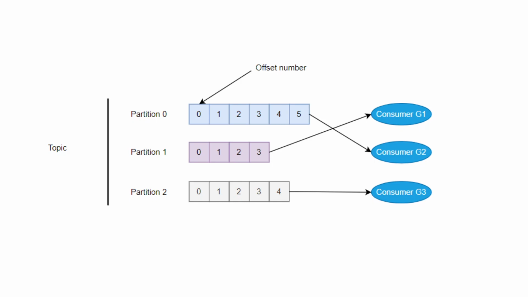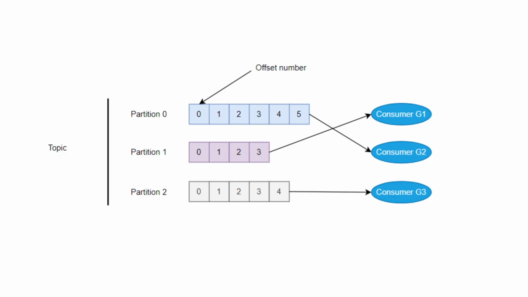Each partition will have messages coming in from the producer who is going to publish into the topic. And every message in a partition will have a number, which is known as the offset number. It starts from 0, and each partition will have its own unique numbering.